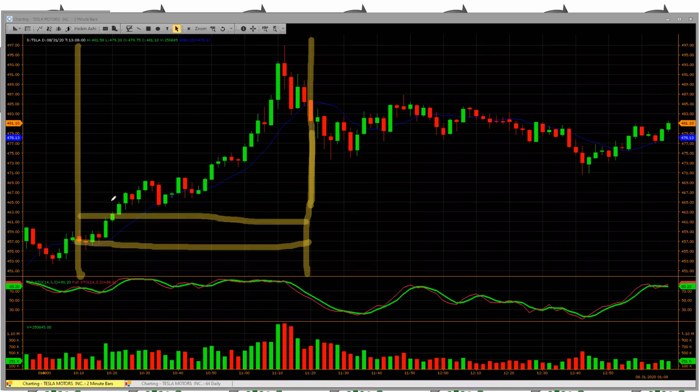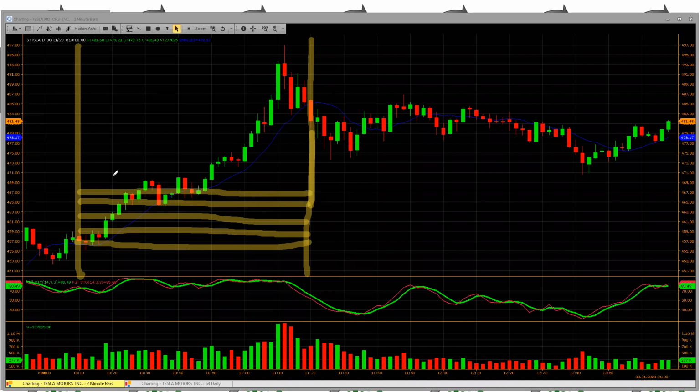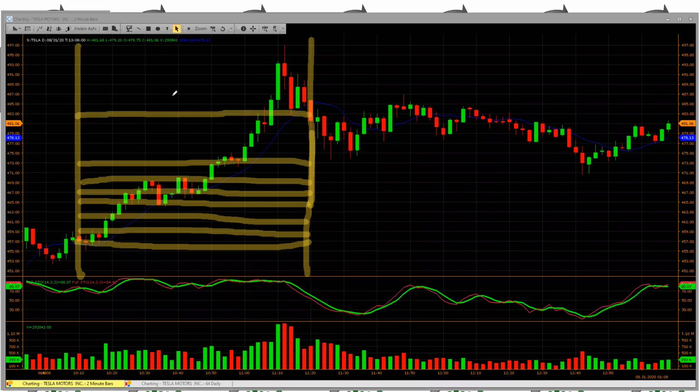That's 63, 65, 59. You can see all the little grid lines. That's 67. That's 70. That's 73. This is 83. This is 93. And this is 97 at the top.